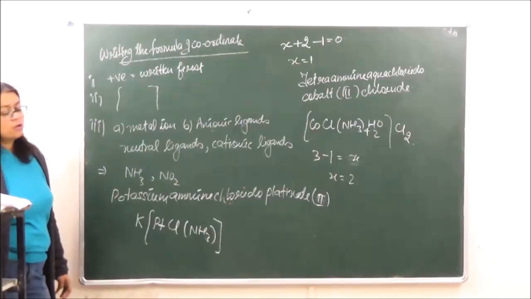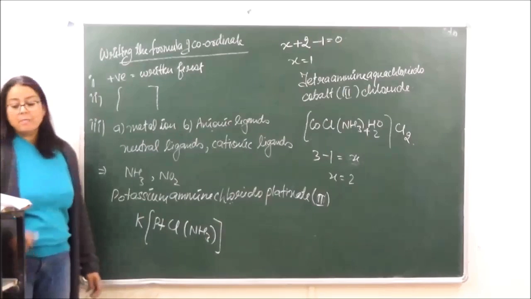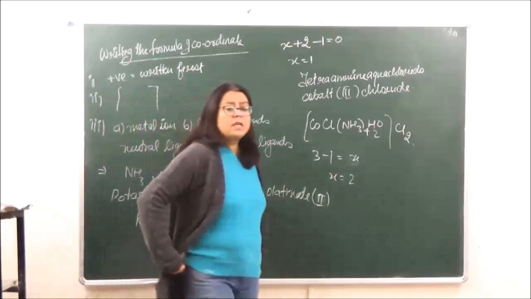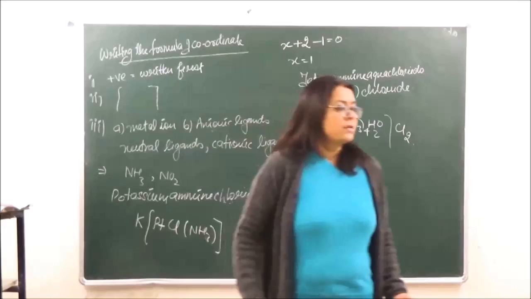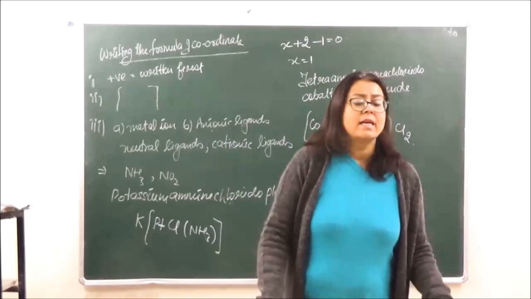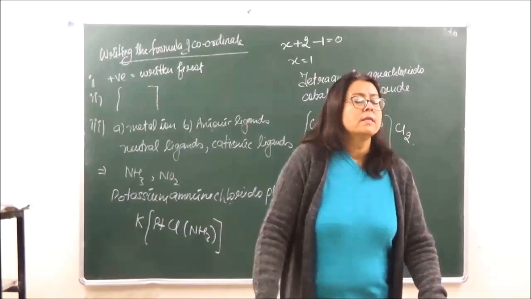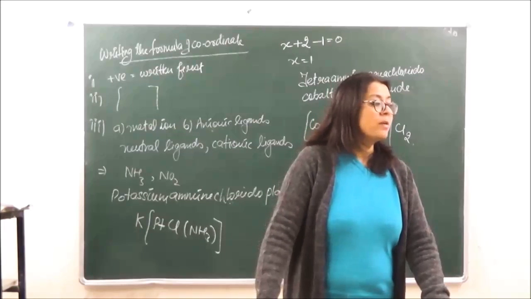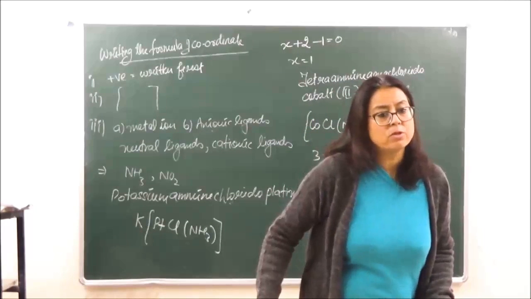So this is how you need to calculate the number of counter ions which are present. तो ऐसे आप formula लिखते हो. This is all about IUPAC nomenclature over here. Tomorrow, the next class which we are going to take is going to be of, क्या बोलते हैं उसको, Werner's theory and isomerism in coordination compounds. ठीक है?